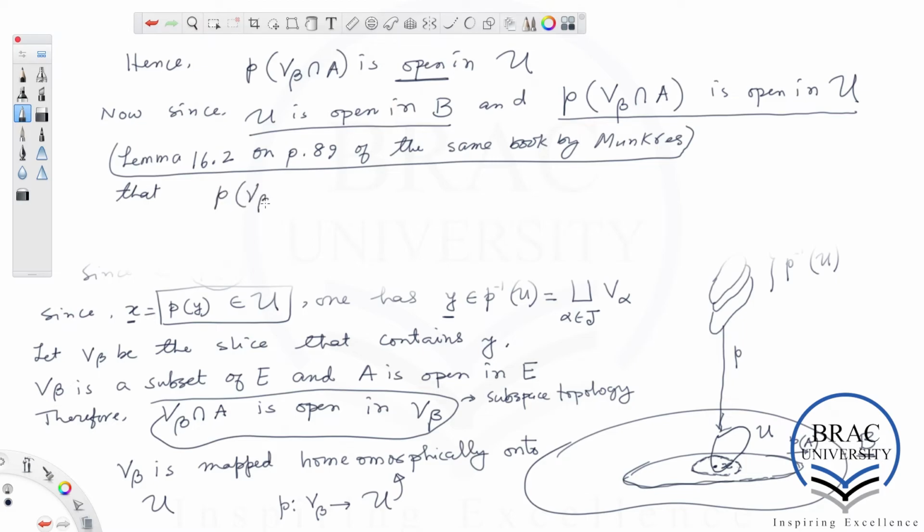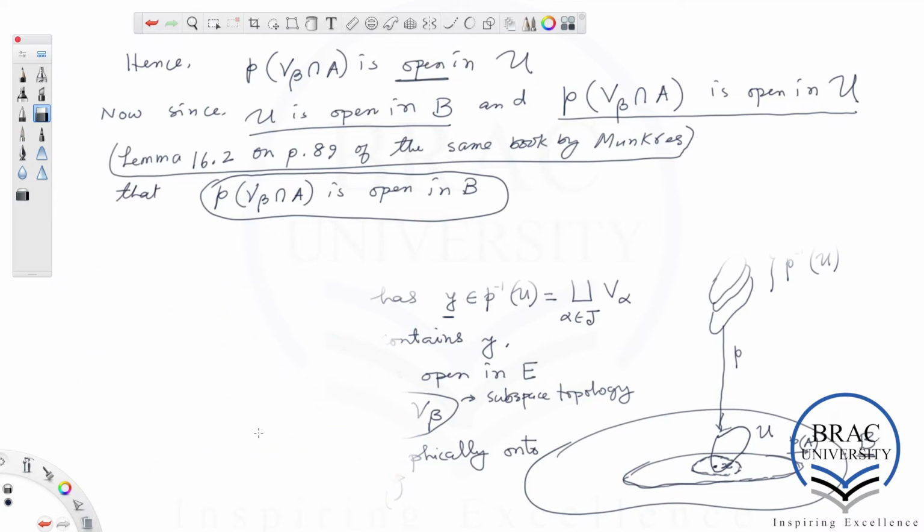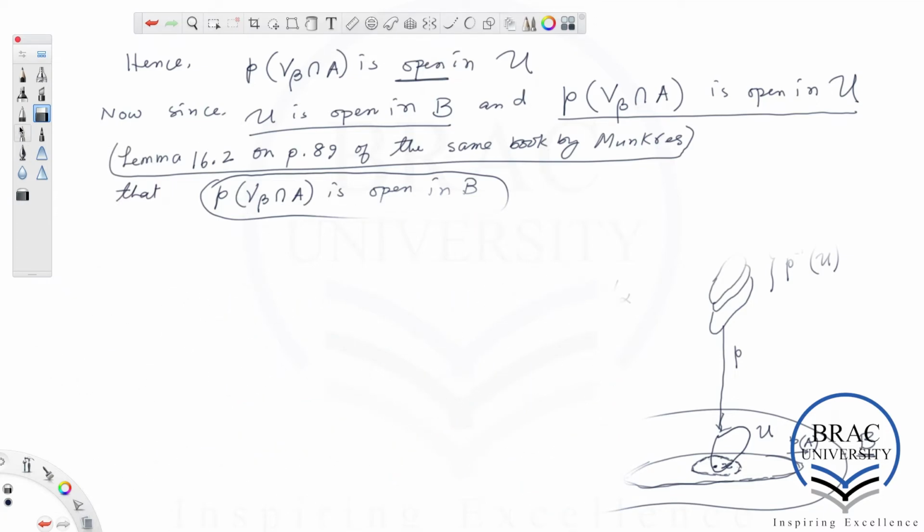P of V beta intersected with A is open in B. So this is open in B. Good. Now, we know that Y is in V beta. We have seen it, right?